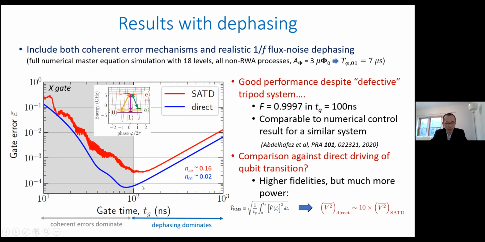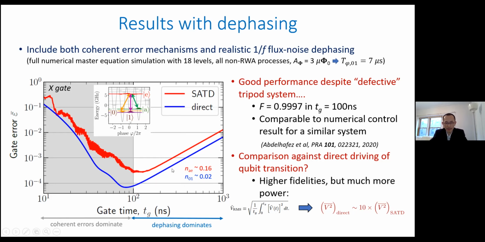And this is what this blue curve shows. At first, it seems depressing that the direct driving gate seems to do better than the tripod gate at all times. One thing to note is that there's not much difference between the two gate errors, and that can be understood by the fact that the qubit transition matrix element here, which is 2%, is actually not much smaller than the smallest tripod transition matrix element. The ratio here is only about 8.